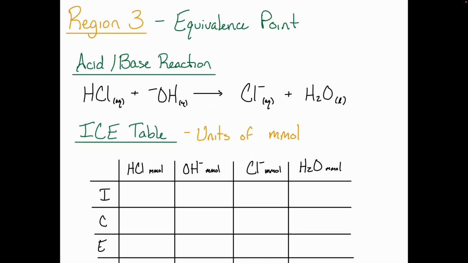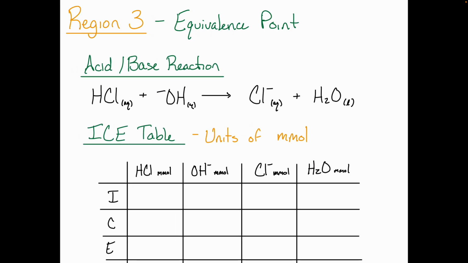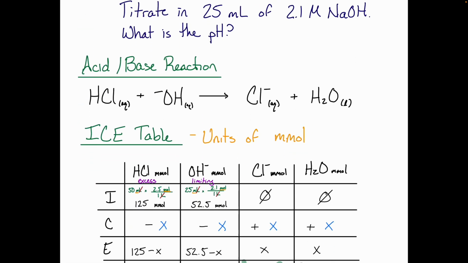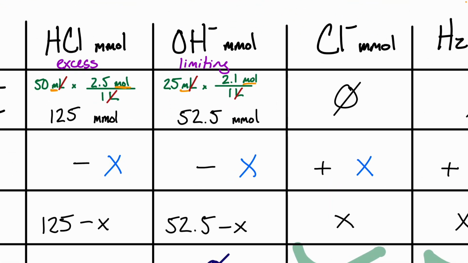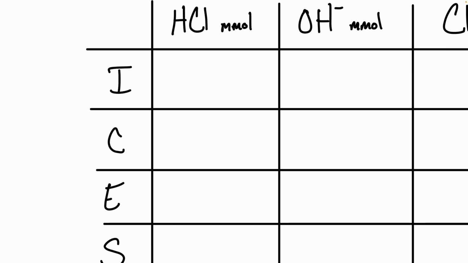We have the same acid-base reaction. Okay, we're going to start out with our same solution of HCl. So we still are starting out with those 1.25 millimoles of HCl.